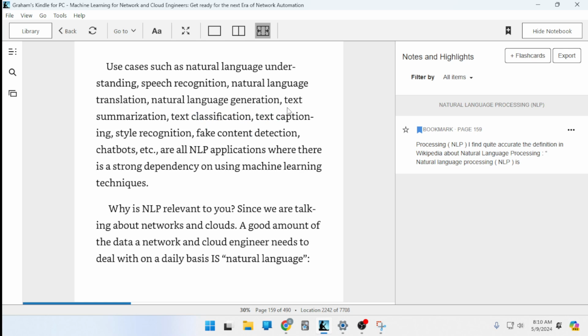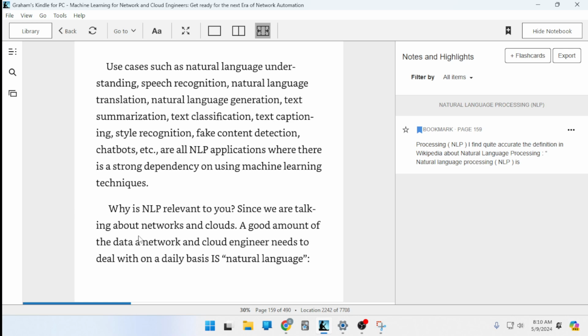Use cases such as natural language understanding, speech recognition, natural language translation, natural language generation, text summarization, text classification, text captioning, style recognition, fake content detection, chatbots, etc., are all NLP applications where there is a strong dependency on using machine learning techniques. Why is NLP relevant to you?